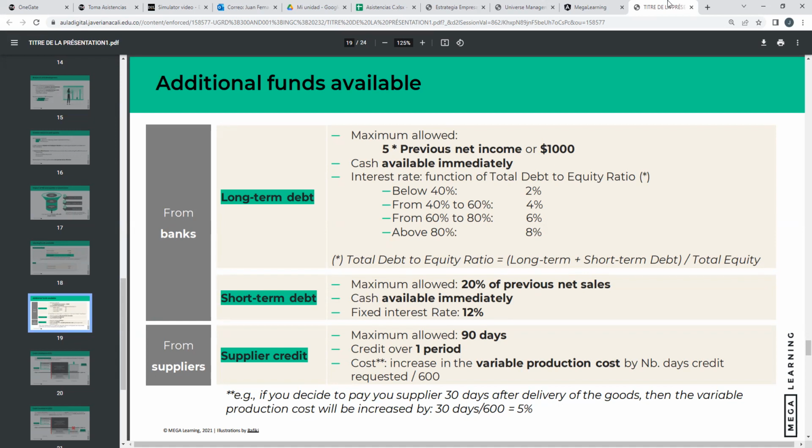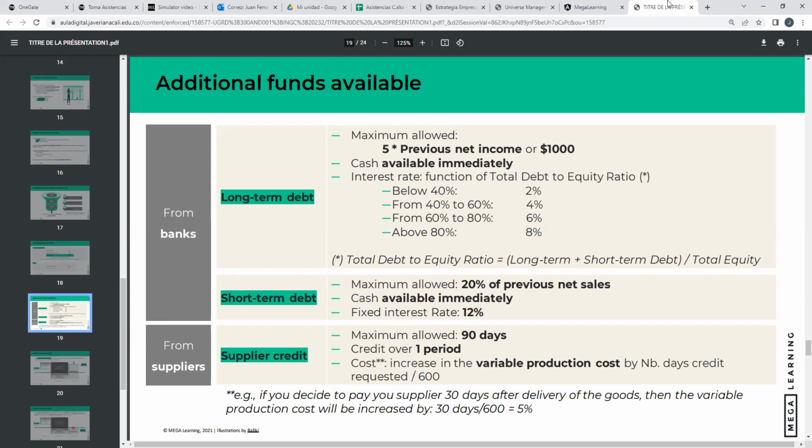Equity is like the value of the company. So if the value of the company is, for example, 100, and all of it, the computer, the share, if all this equity of the organization comes from money from the bank, you are at a debt to equity ratio of 100%.